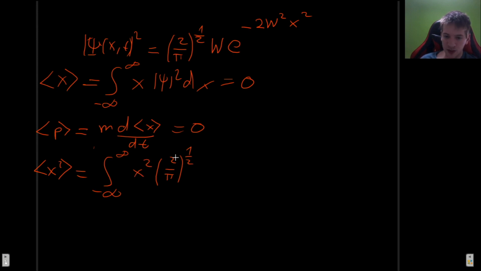So we get x squared times the square root of 2 divided by pi times w, e to the minus 2w squared x squared dx. This is something of a form that we have seen in a previous video. So let's put all the constants outside so that it is more apparent.